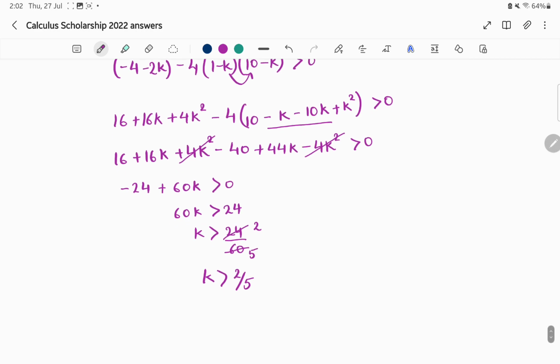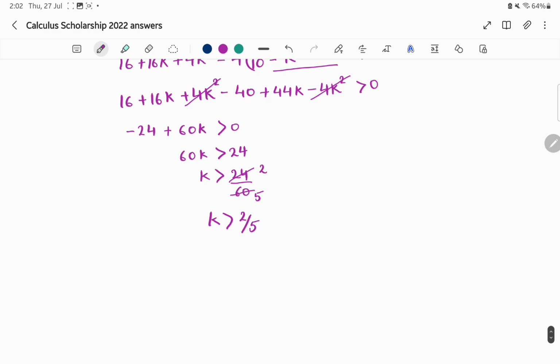Now they also say, so this is when there are two distinct real roots, right? So that was one of the conditions. The next condition is they are of the same sign, right?